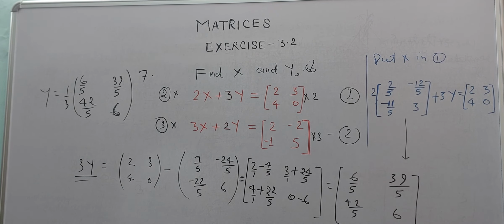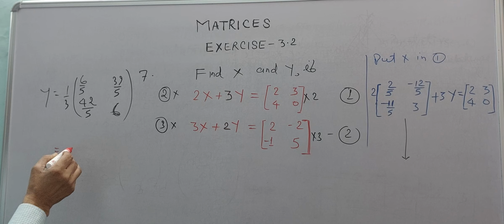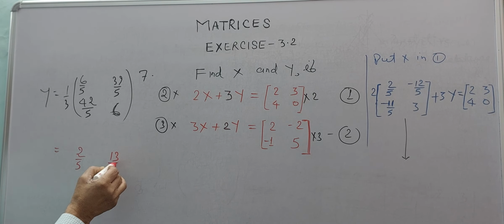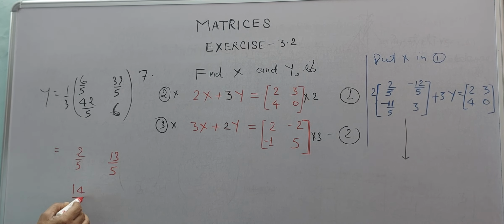Now simplify each entry. Now the value of y becomes, divide by 3: 6 upon 5... you divide 2 upon 5, and this is 13 upon 5, 42 also divisible. So finally we get the value of y, and we already found the value of x.